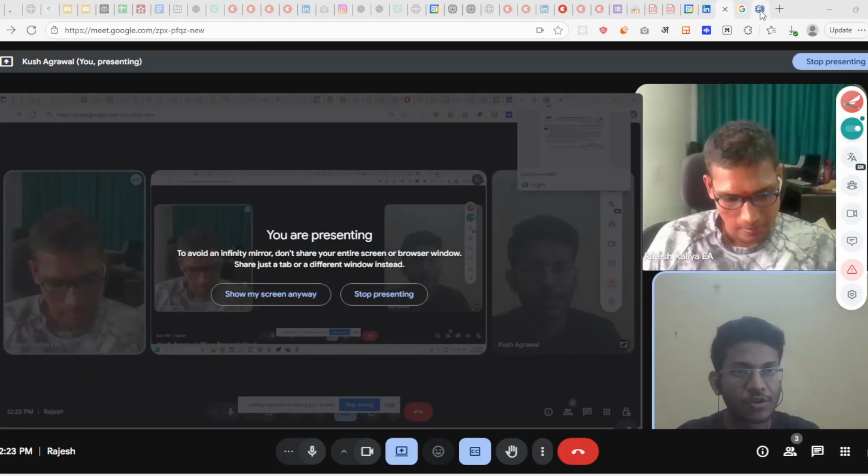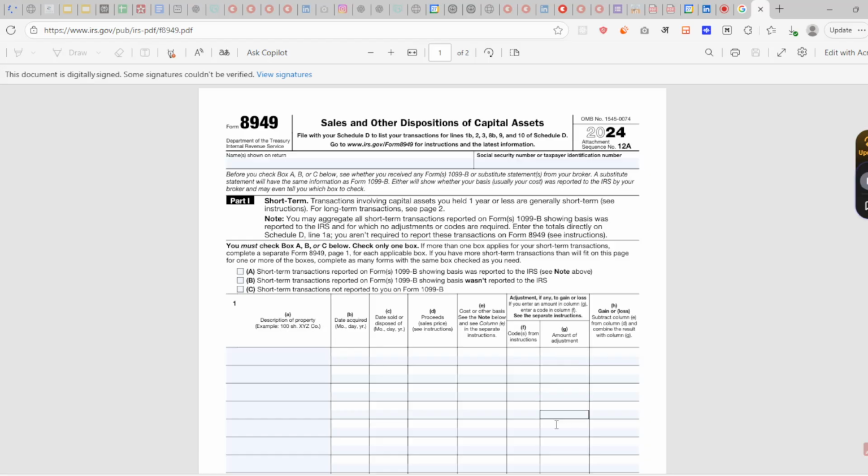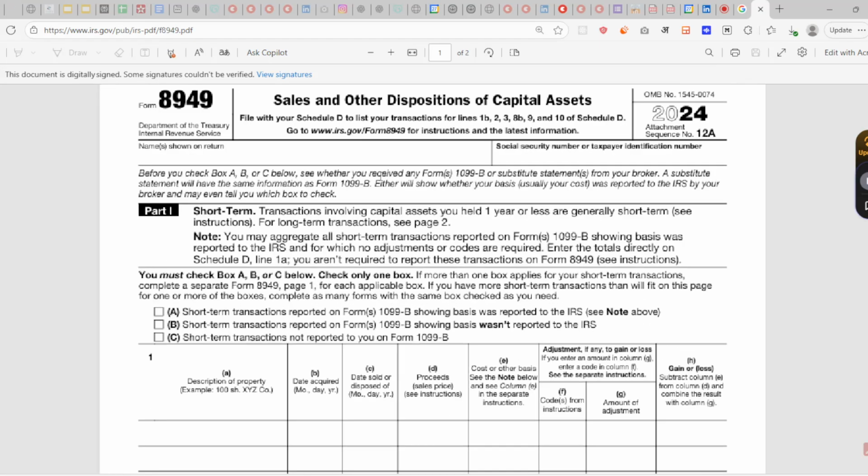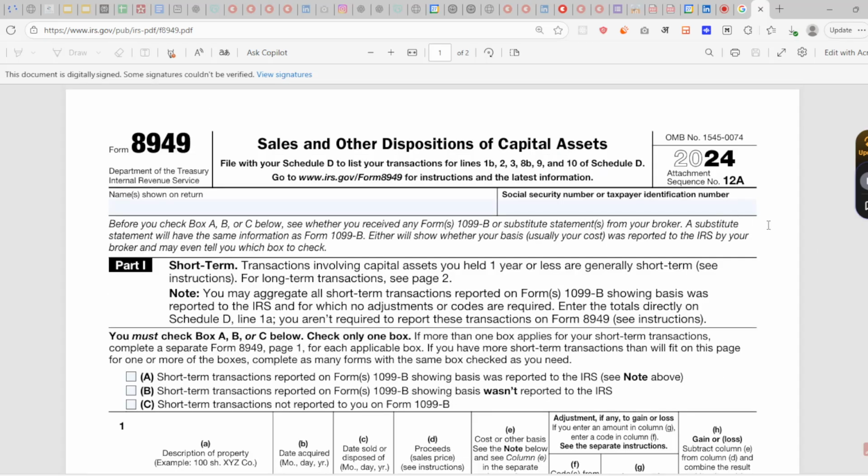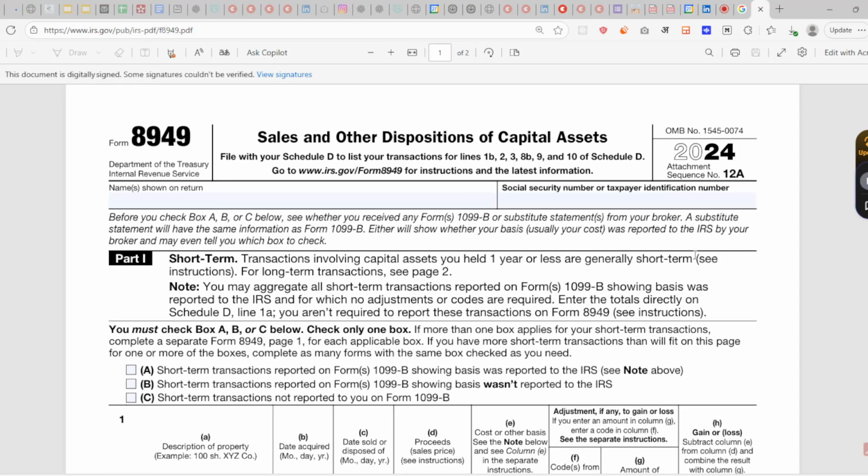Yeah, my screen should be visible. Okay. So, have you seen this form on any tax software? I have seen it on TradeLog.